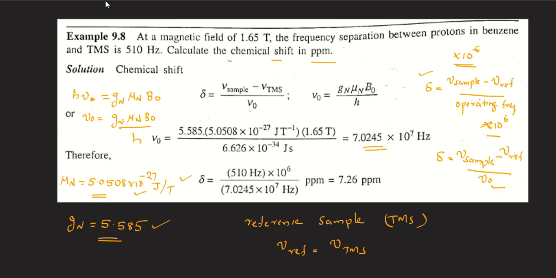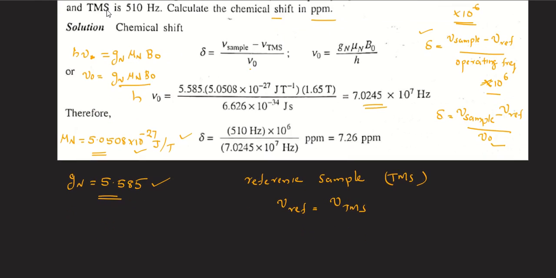So the chemical shift delta becomes nu sample minus nu TMS divided by the operating frequency nu 0, which is nothing but 7.0245 into 10 raised to 7.